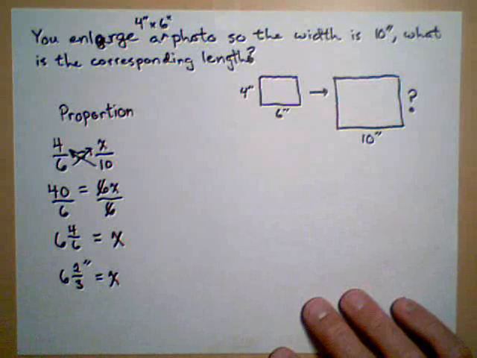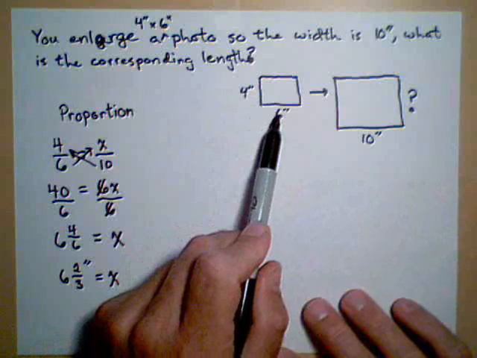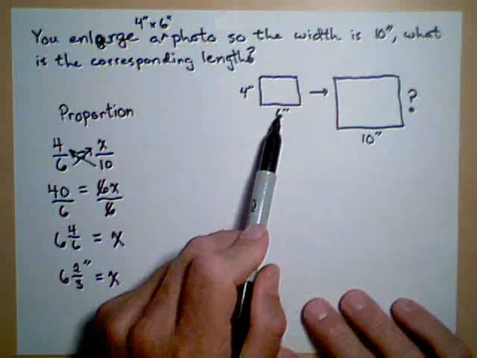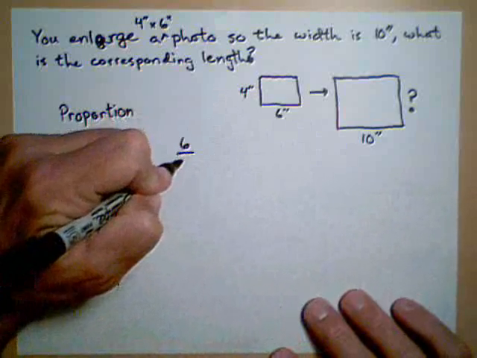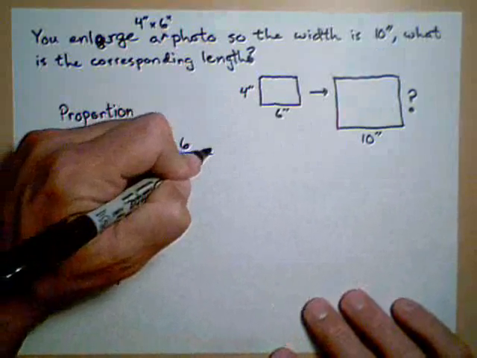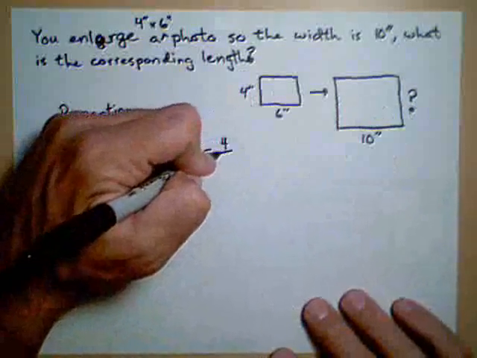I'm going to show you one more way of setting up the proportion that would have also worked. One thing we could also do is set up the proportion by matching up corresponding sides. So one way of thinking about this is 6 goes to 10, as 4 goes to, we'll call it again, x.